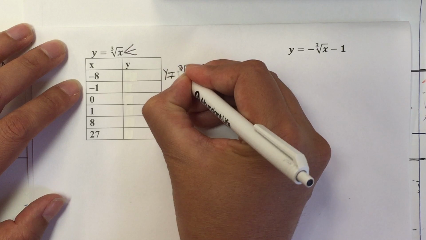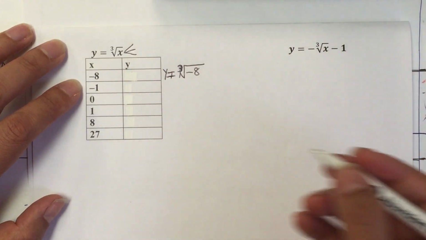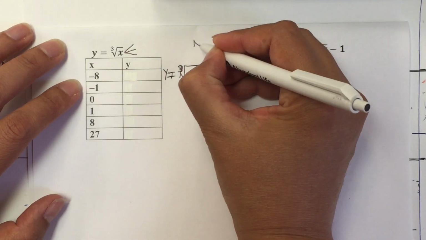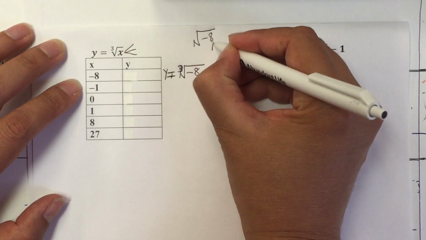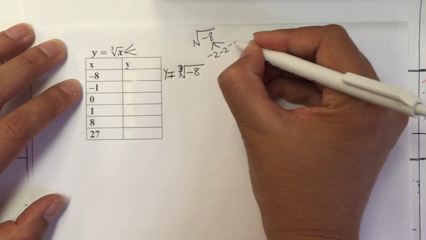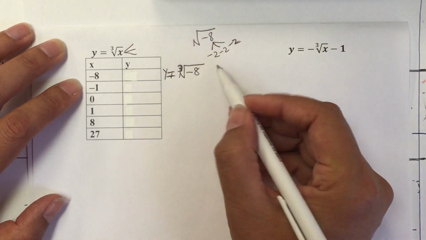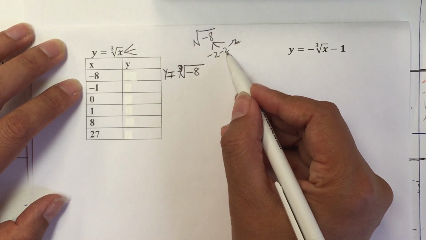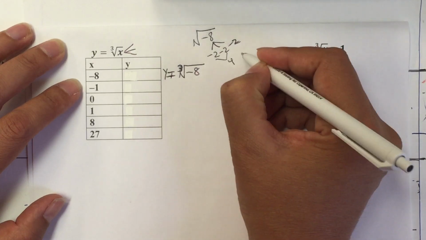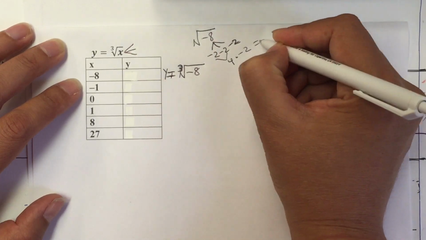Meaning what number multiplied times itself 3 times equals -8? And some of you might say, oh, it's an imaginary number. But it's not. -8 can be factored into -2 times -2 times -2, because -2 times -2 is +4, times -2 is equal to -8.